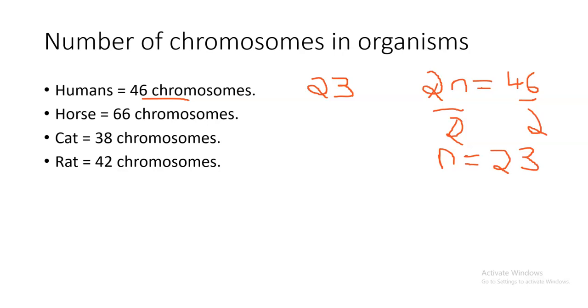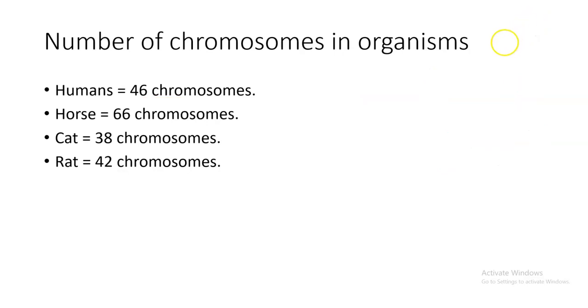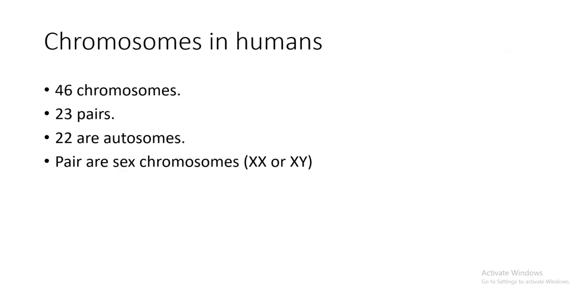For example, a rat has 42 chromosomes, just for interest's sake, but mostly in grade 12, they tend to focus on human beings. Sometimes they can give you questions about other organisms, but they always tell you how many chromosomes that organism has. They can even give you a table showing different types of chromosomes, but they will always tell you how many chromosomes are present.